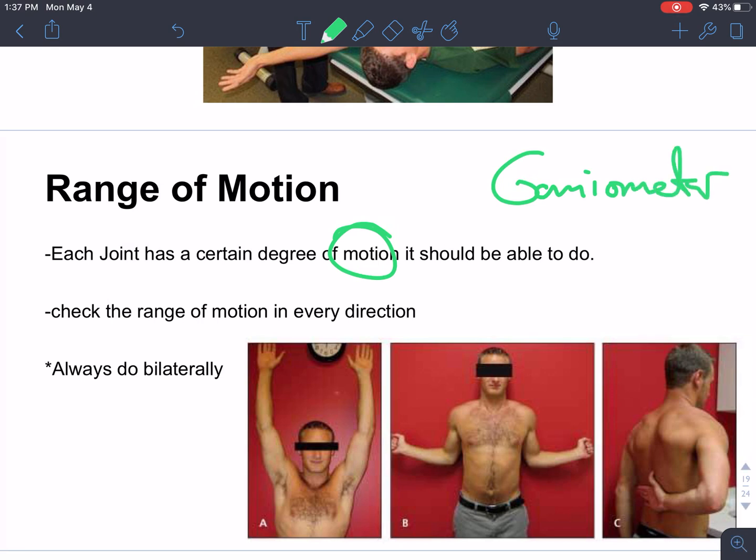A goniometer is something that specifically measures the degree of range of motion each joint can do, right? Like for shoulder flexion, it should be 180 degrees. If it's less than that, then something could be up. But for us, we just check it bilaterally, and the healthy side should be just as good as the other side, okay? Always do bilaterally.